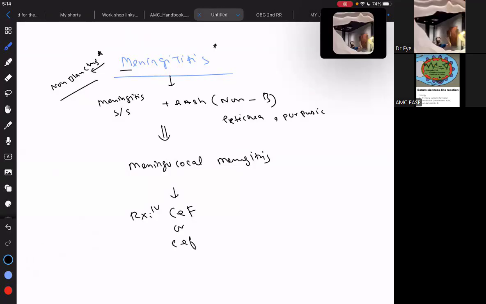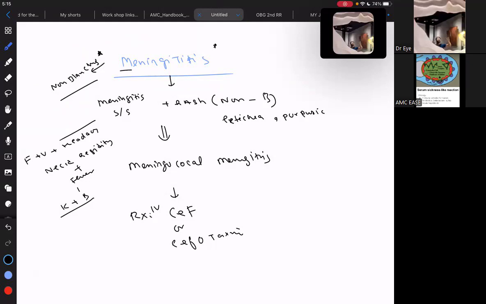You can go for the ceftriaxone, or you can go for the cefotaxime. The patient will have fever, vomiting, plus headache. The patient will have neck rigidity, plus fever, already mentioned. Kernig's and Brudzinski's signs may be positive.